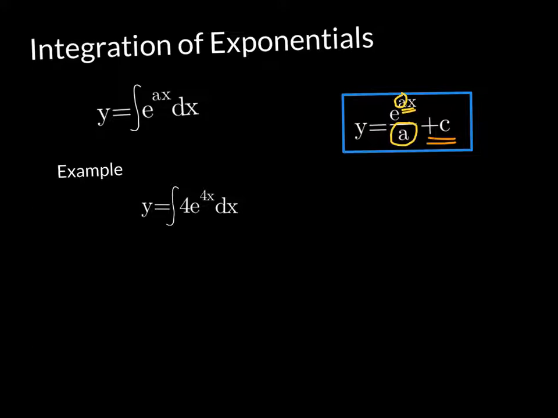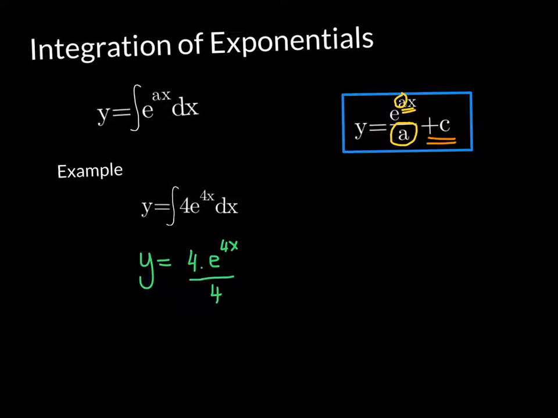So if we look at the example where y is equal to the integral of 4 times e to the power of 4x, and we're integrating with respect to x, then y would be equal to, well, the 4 is just a constant, so then we essentially just have e to the 4x because the power stayed the same, and then we divide by this coefficient of 4 here.